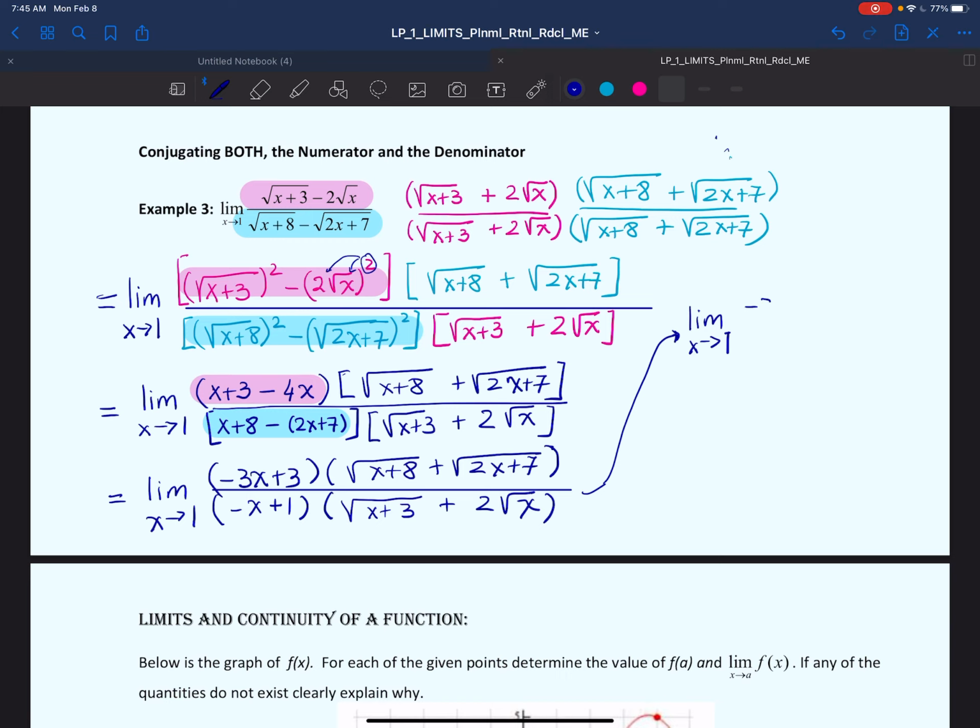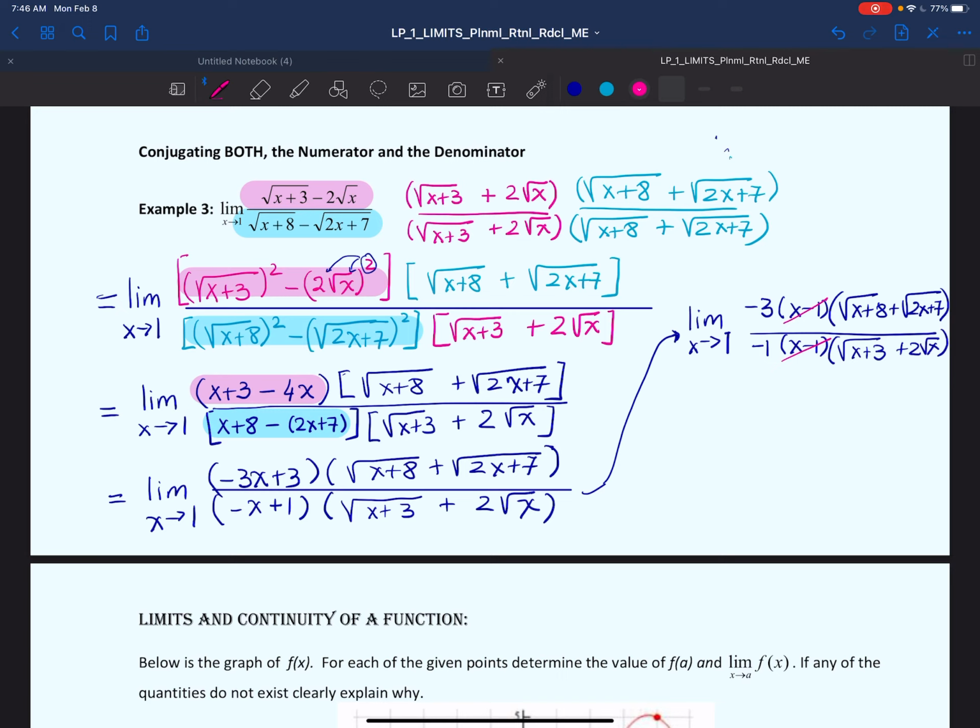So negative 3, and that will make it x minus 1. And then multiplied by root of x plus 8 plus root of 2x plus 7. Divided by, here we can take out negative 1 times x minus 1. And then root of x plus 3 plus 2 root x. So here is the exciting moment.